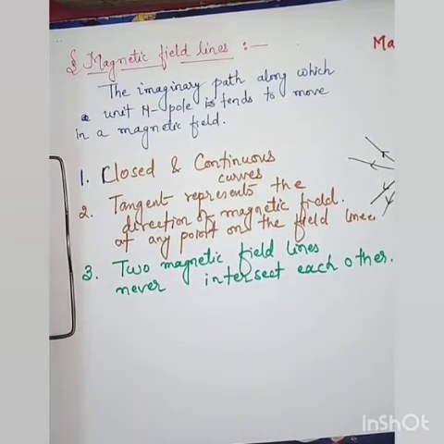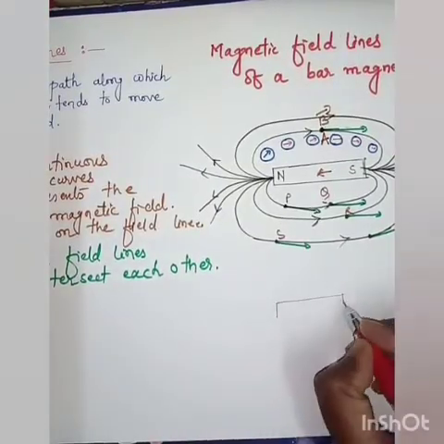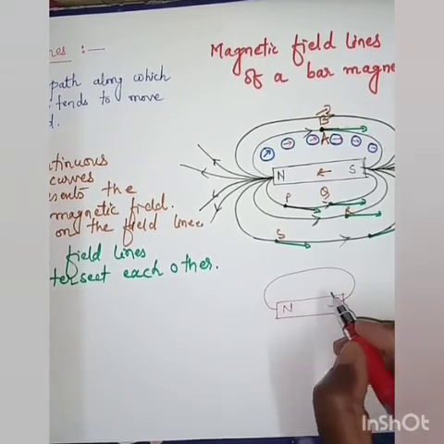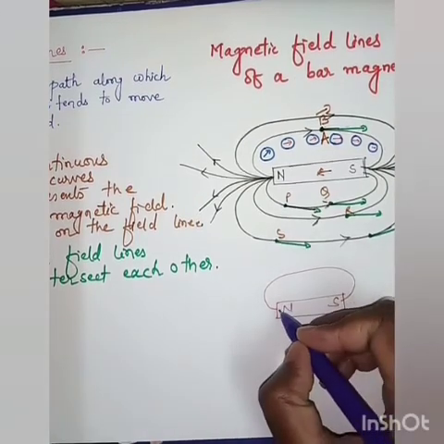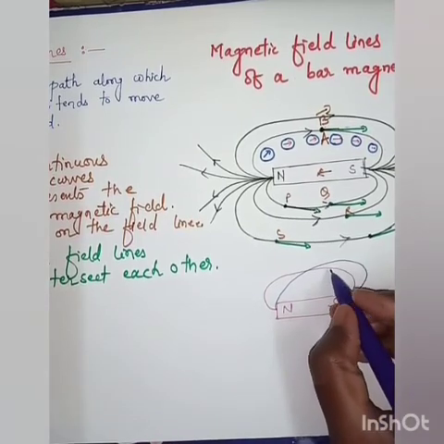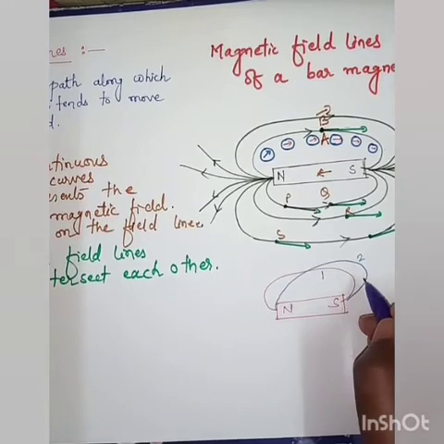Suppose this is the magnet NS, and this is one field line, and this is another field line. The red line is the first one, and the blue line is the second magnetic field line.